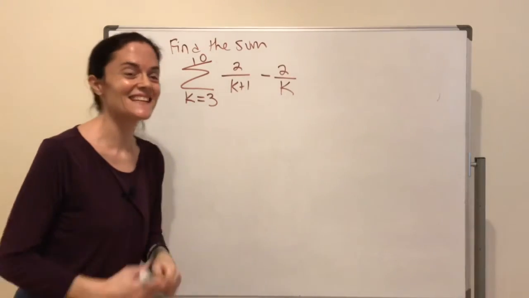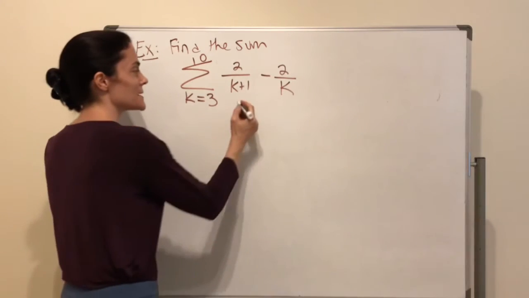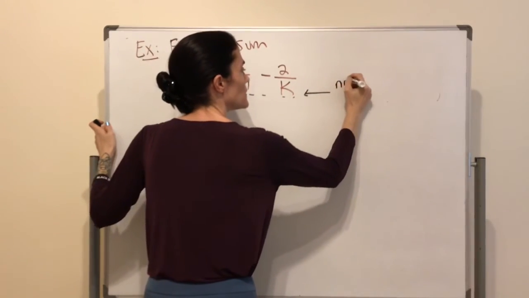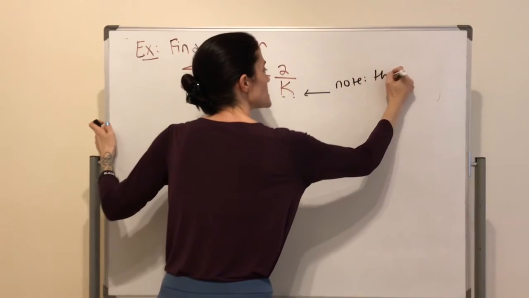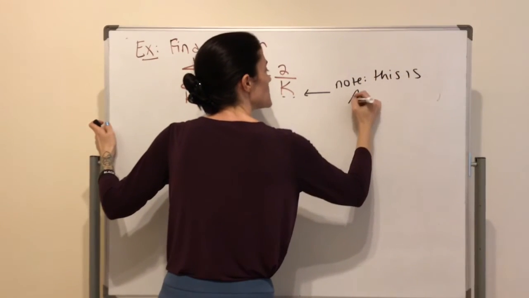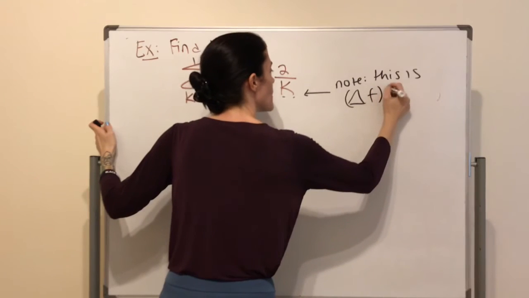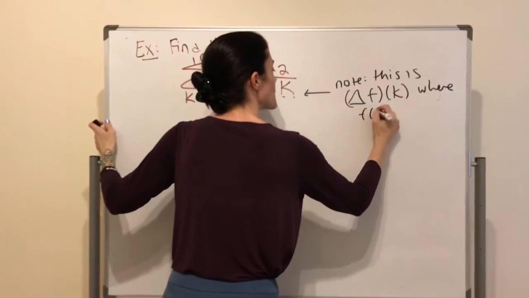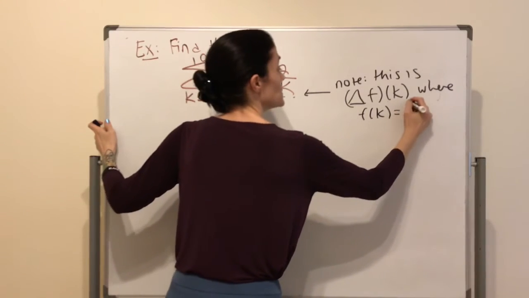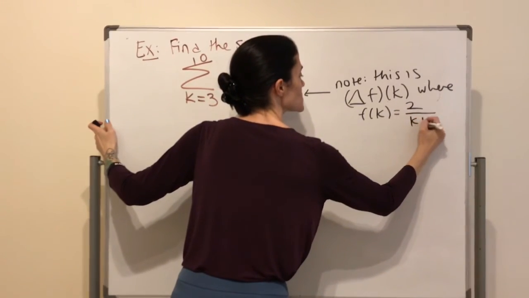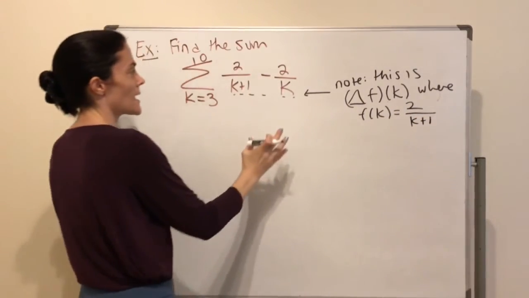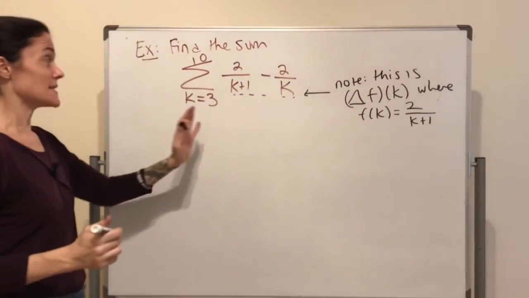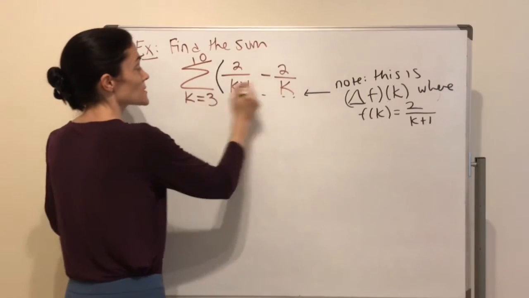And here it is. Just as a comment, this part here is delta f of k, where f of k is 2 over k plus 1. Okay, so this is a sum of a difference, and this will be a telescoping sum.